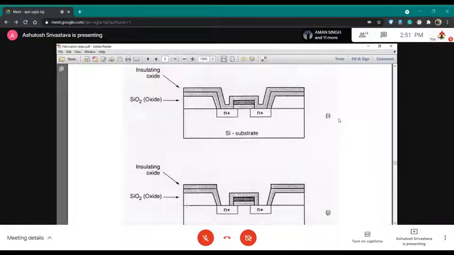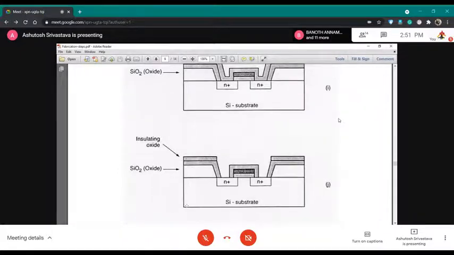So minus X plus X, minus Y plus Y. If you see this as a two-dimensional, the transistor in a two-dimensional manner, it will have in the minus X and plus X and minus Y and plus Y. So you need to have isolations. This field oxide is acting as an isolation.